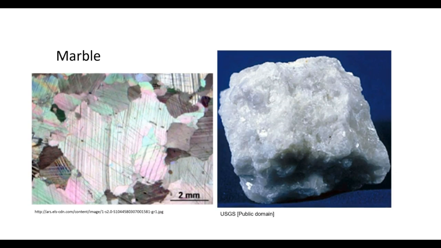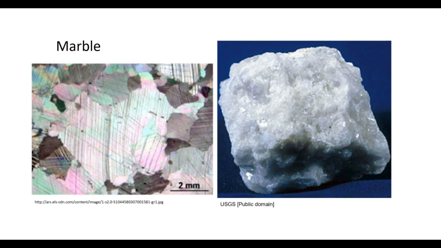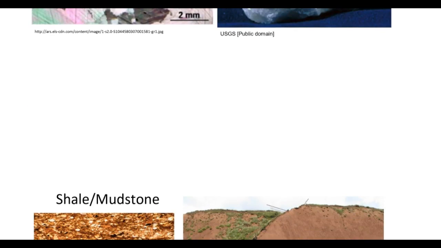But when you cook them and put them under pressure, the crystals actually form into one another like this, perfectly interlinking. And it's this interlinking that you get in metamorphic rocks which makes them so strong. Okay, as long as they interlink really well, that increases their strength, as you learned in the previous videos. And that's marble. And that used to be bones and shells.